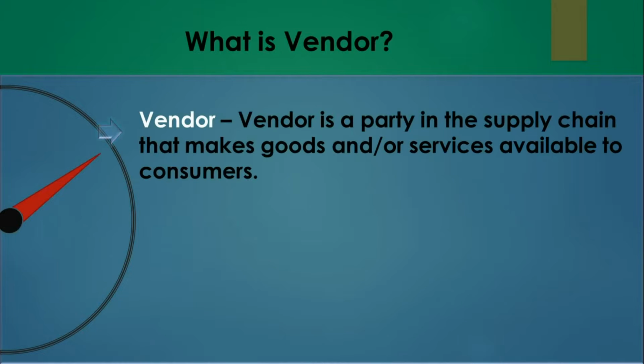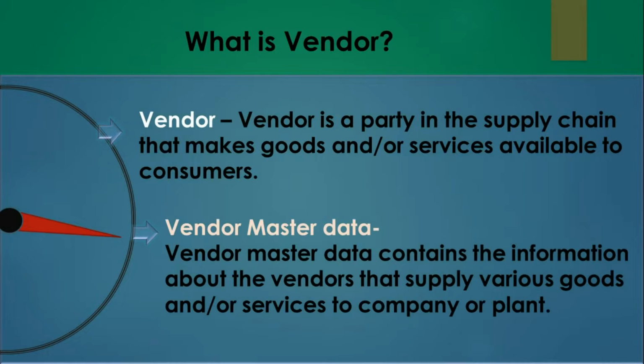Then going further, what is vendor? Vendor is a party in the supply chain that makes goods and or services available to consumers. Then what is vendor master data? The vendor master data contains the information about the vendor that supplies various goods or services or both to any company or plants.